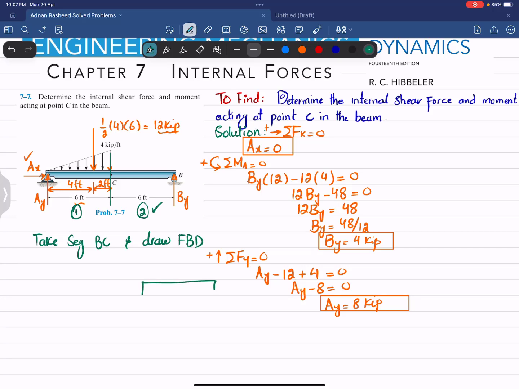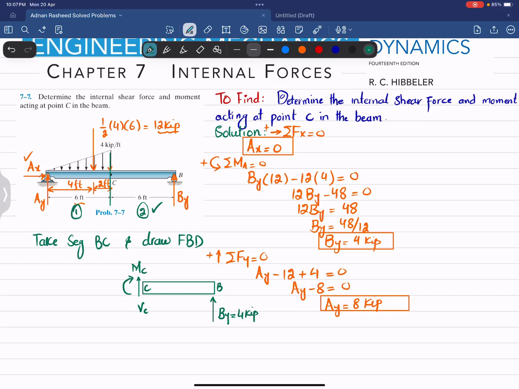It will be like this. This is point B, and this is your point C. At B you have only the vertical reaction force BY, which is 4 kip. When you cut at point C, you will have a vertical force equal to VC, and you will have a moment at point C, which is the internal moment, MC.